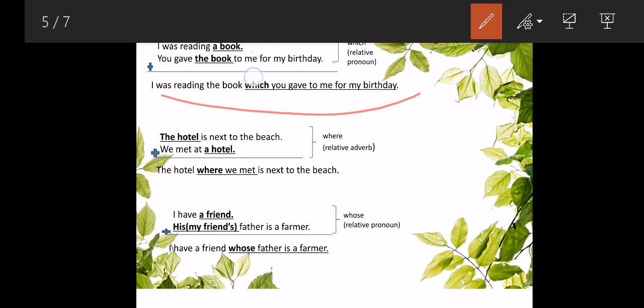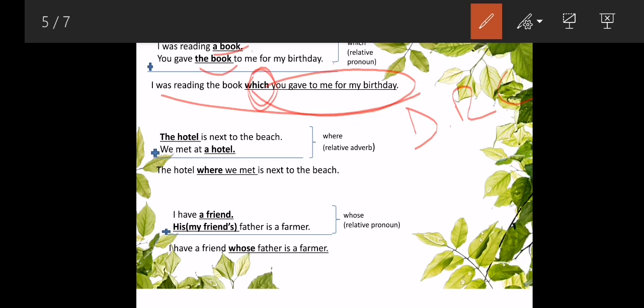We used which. Why did we use which? Because look at the word book. A book is a thing, right? So we use which for things or animals. In this sentence, our relative pronoun is which, and which you gave to me for my birthday is our defining relative clause.